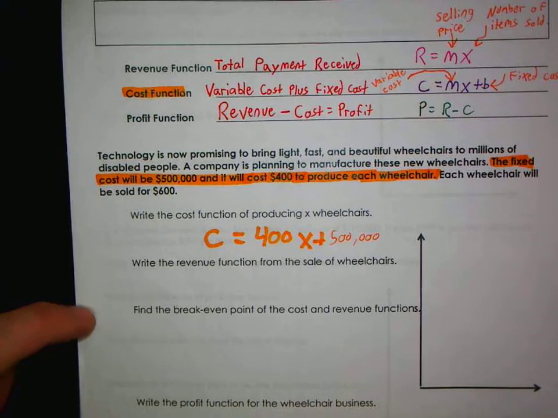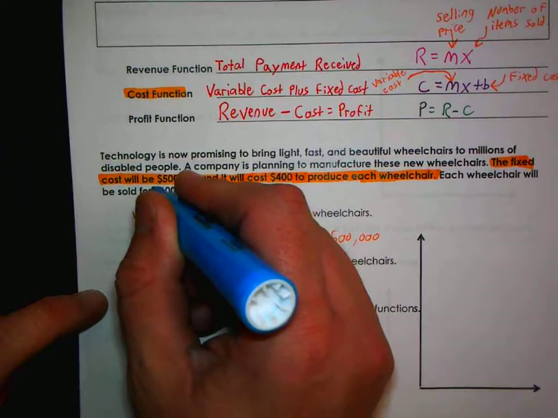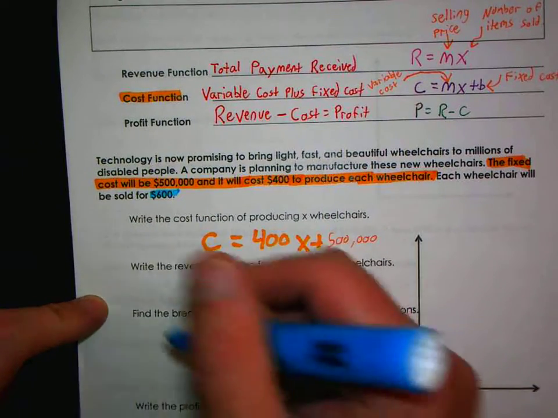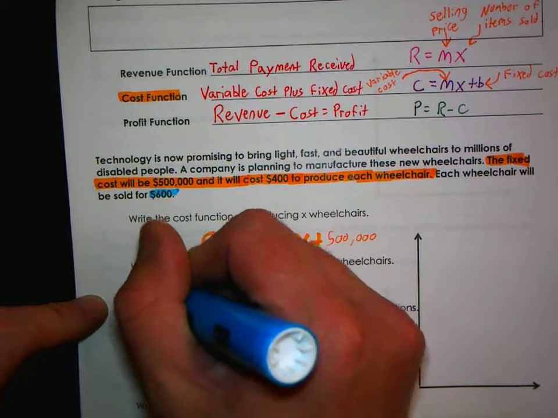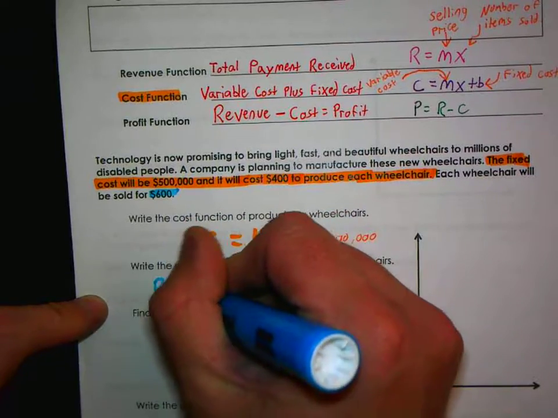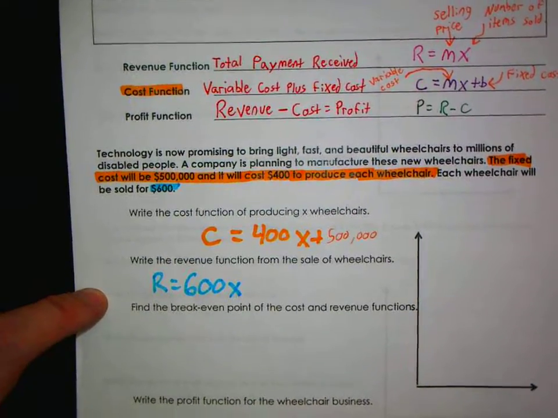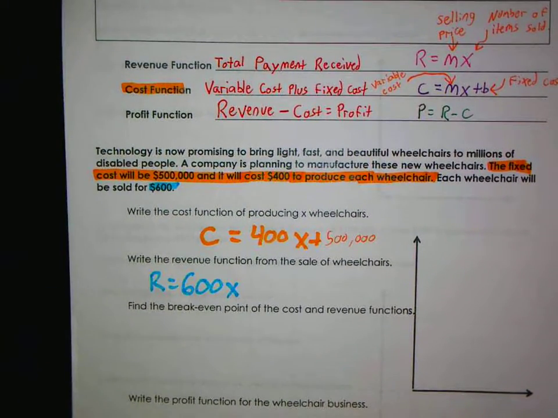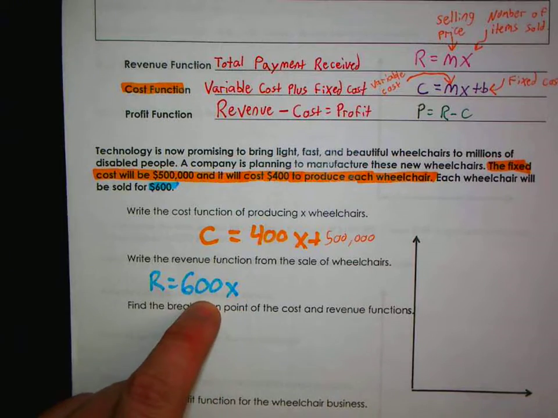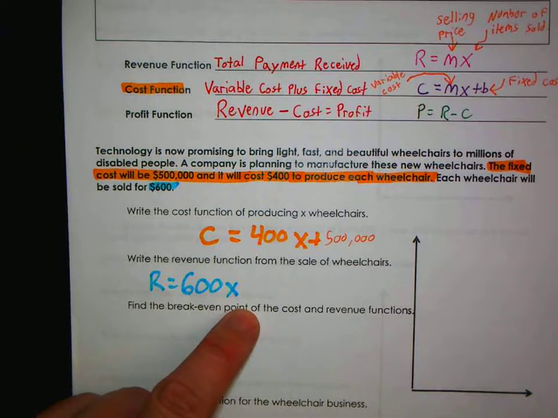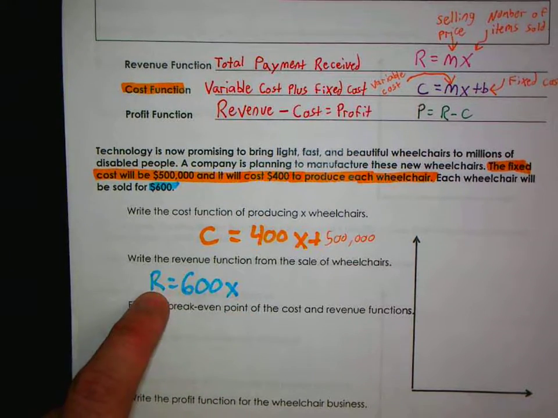Okay. Now my revenue function, that's how much you're selling those wheelchairs for, and you're selling them for 600. So my revenue is 600x, where x is number of wheelchairs sold. So if I sell one wheelchair, my revenue is 600 times 1. I brought in $600.